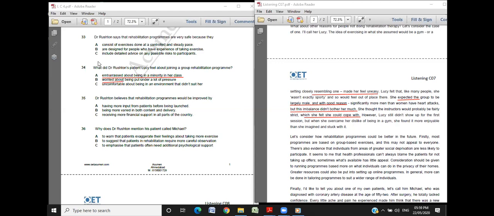C is the correct answer here, uncomfortable, because again they have mentioned this fact here that she still didn't show up for the first session, but when she overcame her dislike of being in a gym, she found it more enjoyable. So the setting was the main issue for her.